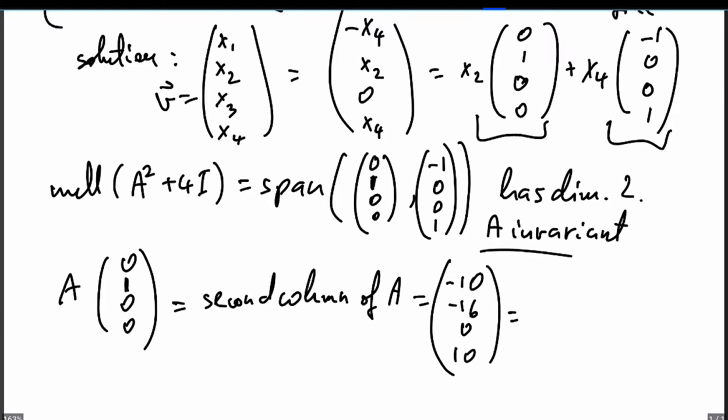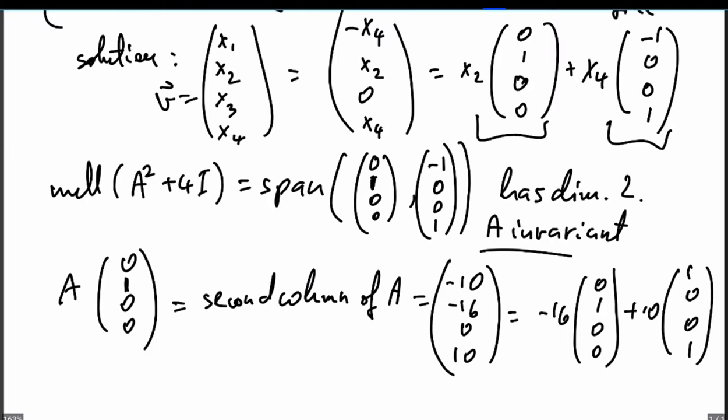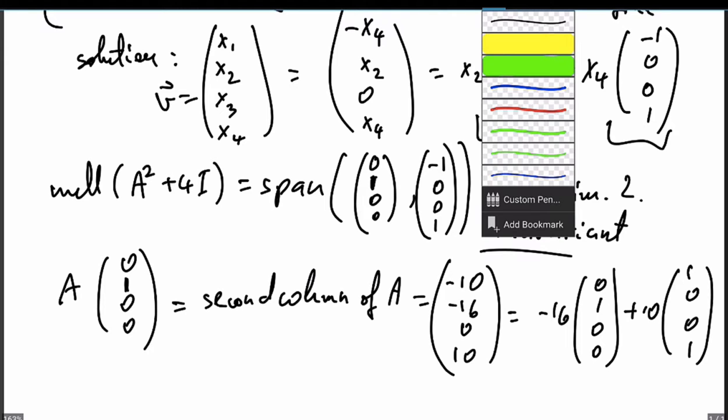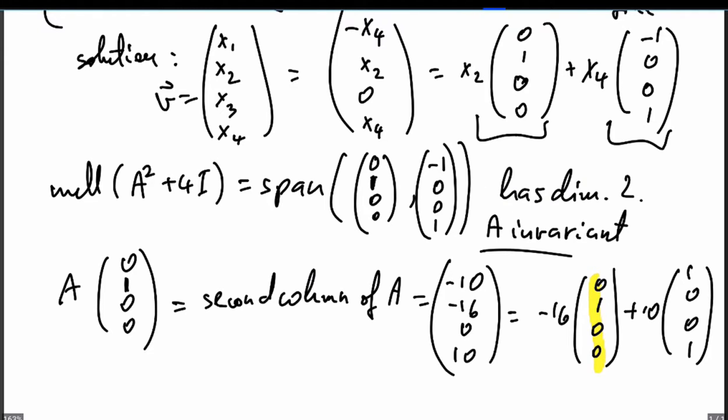And if we want to see that this is in the null space, we can separate this as minus 16 times 0, 1, 0, 0, and then plus 10 times 1, 0, 0, 1. And since these should be exactly the basis vectors, that means I made a mistake with the sign, so this should be minus 1.